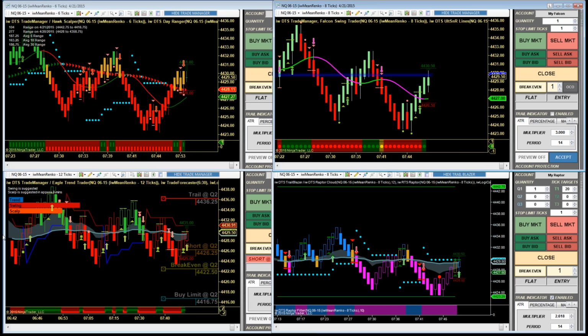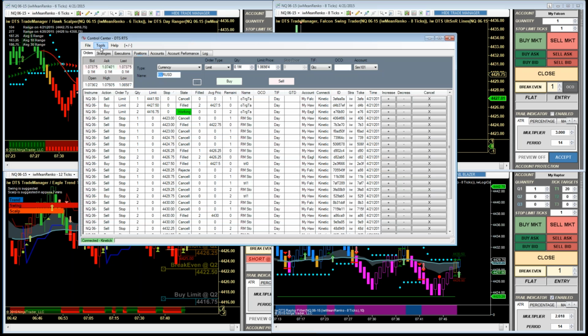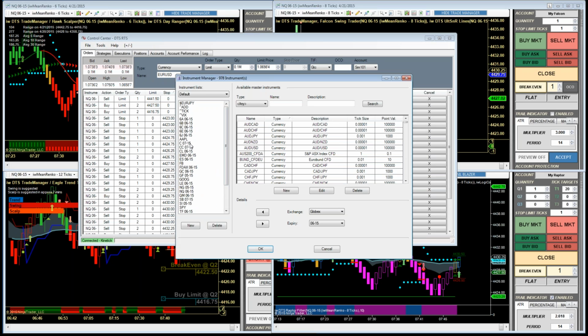Nothing you should be trading should be 2014, but here I'll show you an easy way to update your contract month. If you go here to your instrument manager and you find, say, crude oil, and you click over, it will automatically default to the current contract month, and then you just click back and you'll have the most recent crude oil contract.